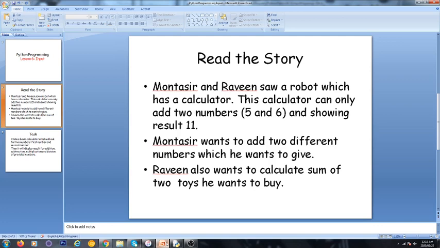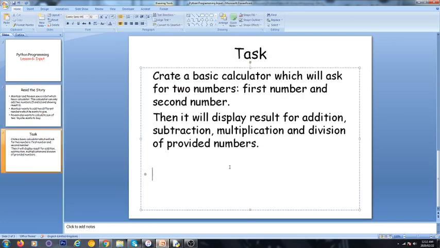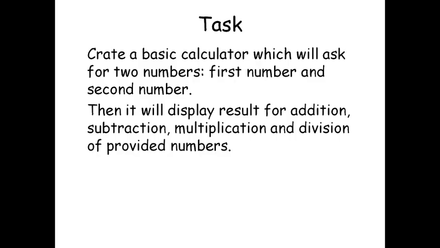Now if you understand the input statement, I've got a task for you. You're going to create a basic calculator which will ask for two numbers from the user. The user is going to enter the first number, then the second number.